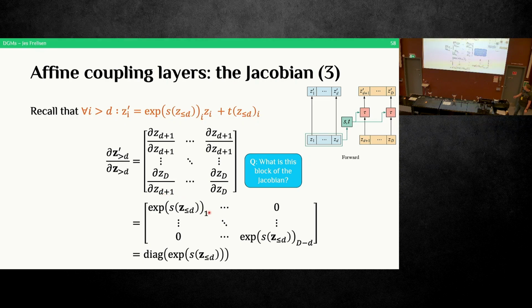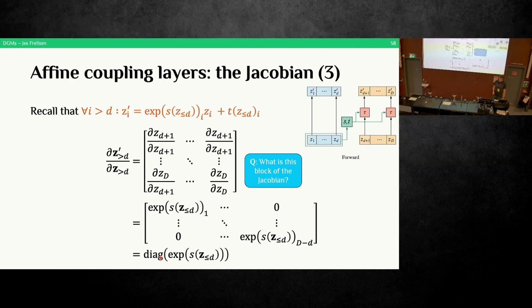This one should of course say D plus 1, sorry, there are a couple of mistakes here. So it's just all the scale factors on the diagonal, and all the off-diagonal elements are 0. Another way of writing this matrix is as the exponential of the output of the network, and then this diagonal operator that turns this vector into the diagonal of a matrix.